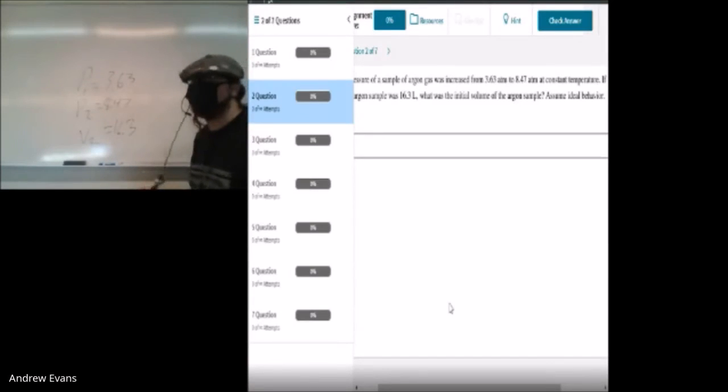So we just need to find out what is the initial volume. Careful reading tells us that this is the final volume, not the initial volume. So make sure you associate the P1 and the V1 with the P2 and the V2. P1 V1 equals P2 V2. We just need to make sure we put them in the right places. So 16.3 times 8.47.